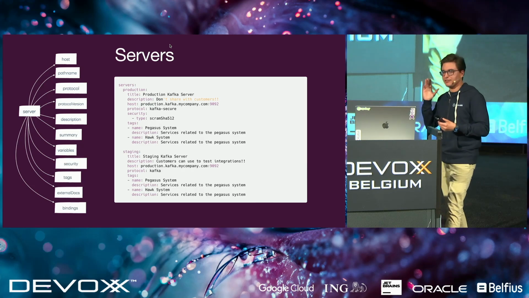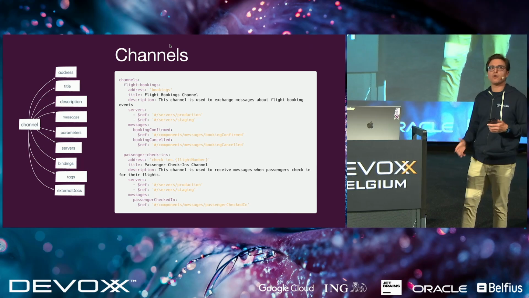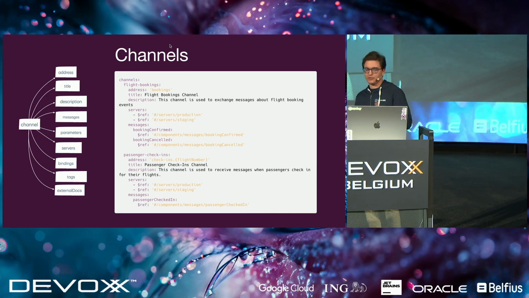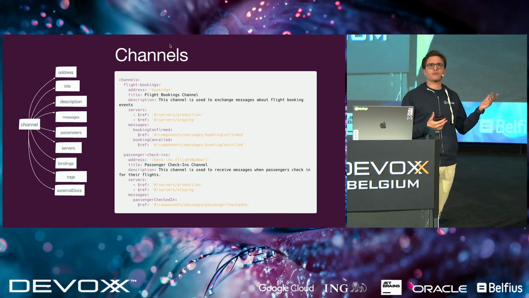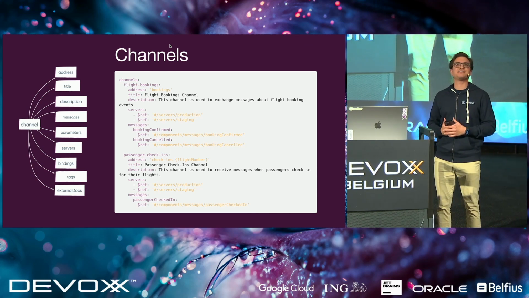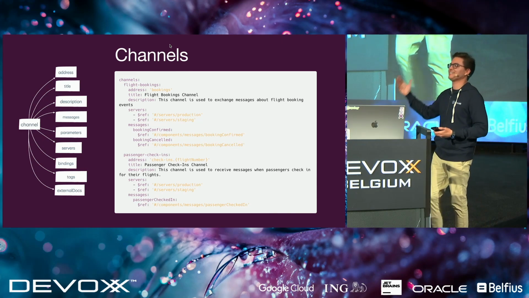After you have defined the servers, you can come up with the channels. If you use Kafka, you probably call channels topics. If you use RabbitMQ, you probably call them queues or exchanges. If you use Redis streams, and I'm curious, does anybody use Redis streams? Nobody, OK, not popular at all. You call them channels.